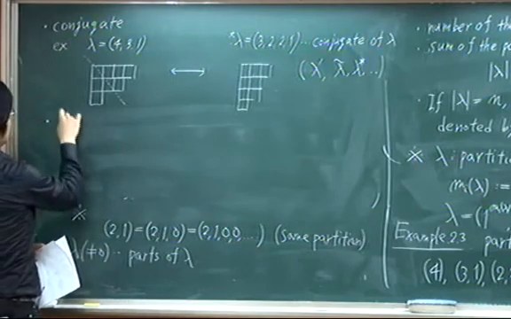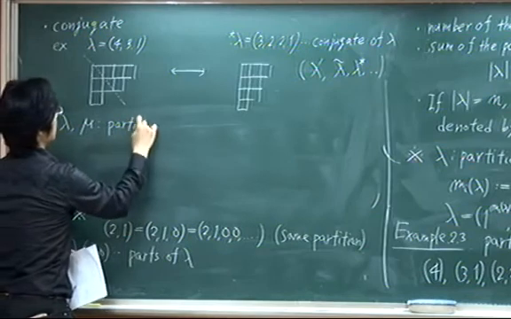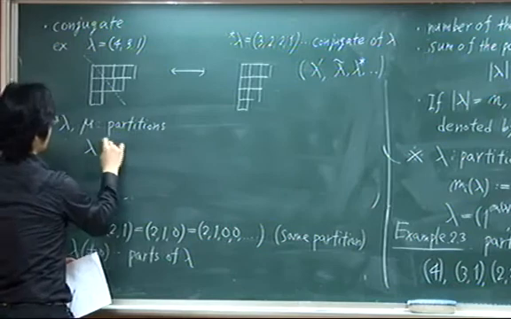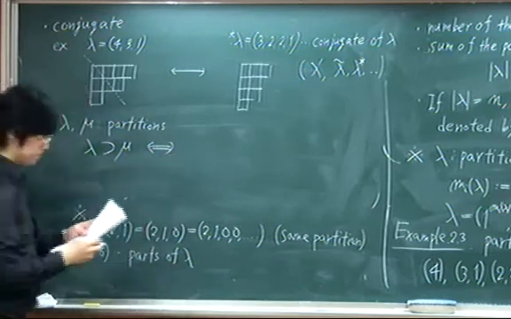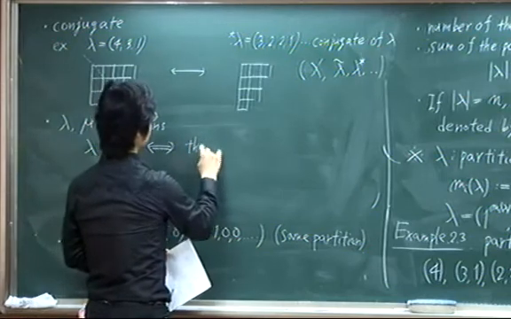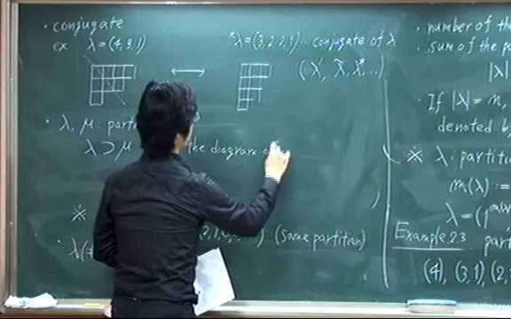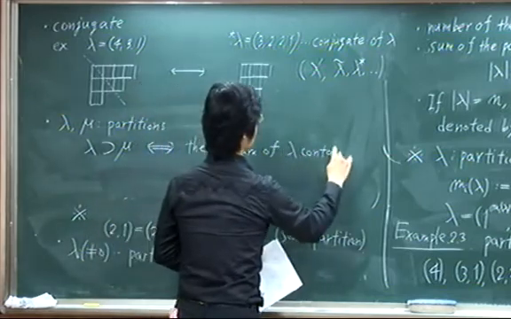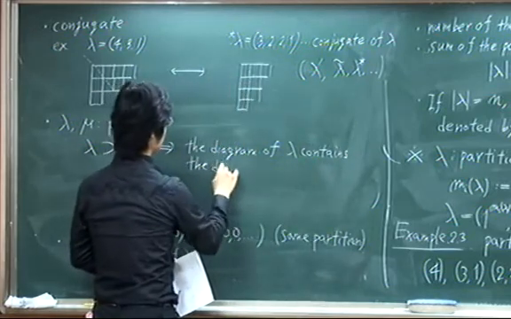Take two partitions, lambda and mu. Lambda contains mu is defined by: the diagram of lambda contains the diagram of mu.